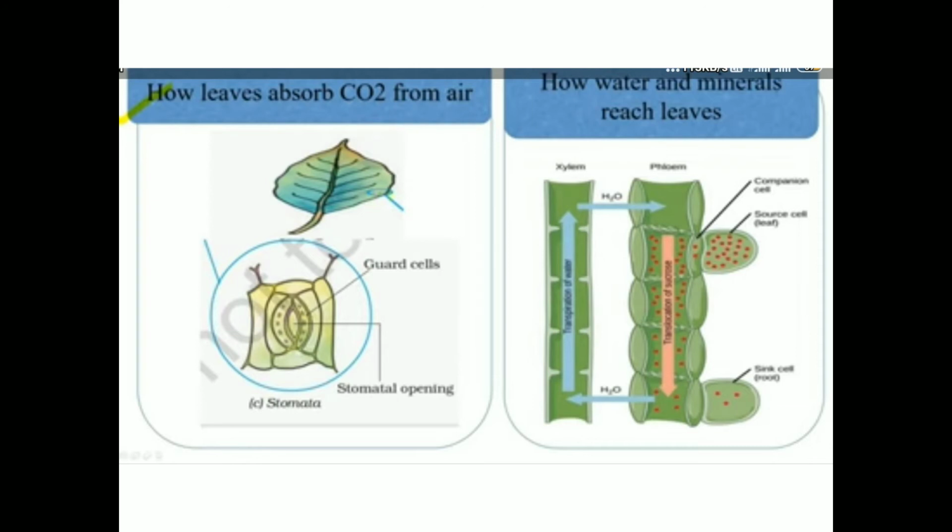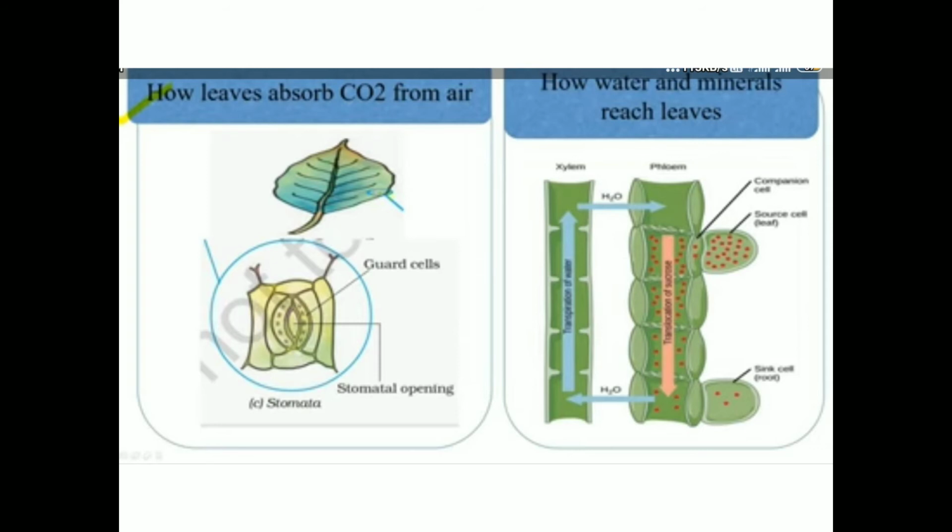There are tiny, numerous pores present on the leaf surface. These pores are called stomata. Through the stomata, plants absorb carbon dioxide from air. These stomata are surrounded by guard cells.